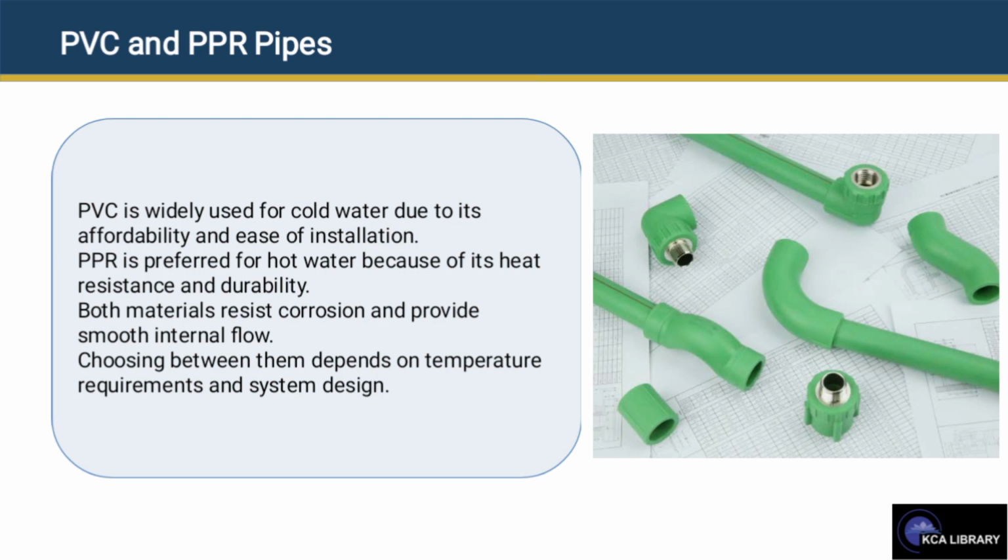PPR pipes are used for hot water because of their heat resistance and durability. Both materials resist corrosion and provide smooth internal flow. Choosing between them depends on temperature requirements and system design. So if your hot water is going to pass through the system, go for PPR. But if it's cold water, go for PVC.